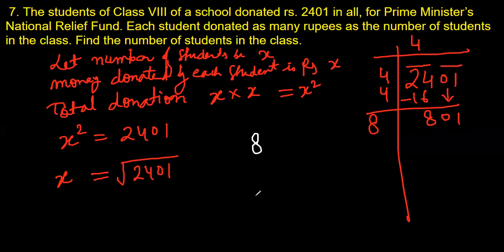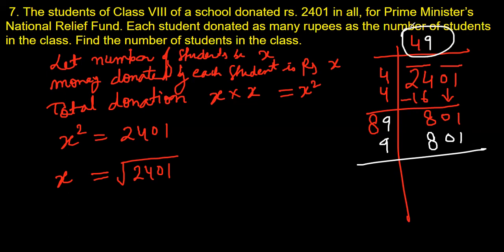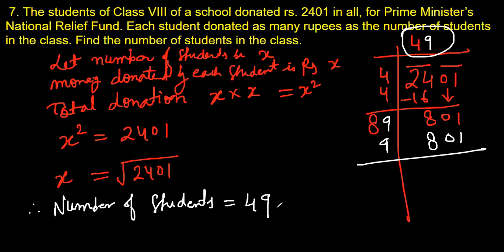So if we write the digit 9 here, multiplying 89 by 9, we get 801. We write a 9 here also. So this is your answer, 49. So find the number of students in the class. Therefore, the number of students in the class is 49.